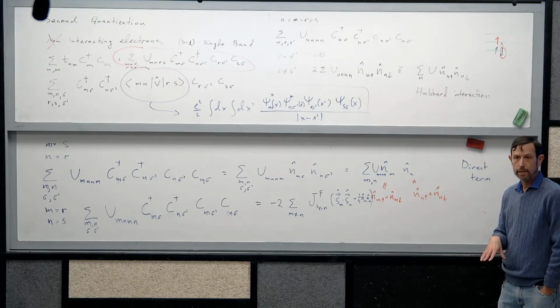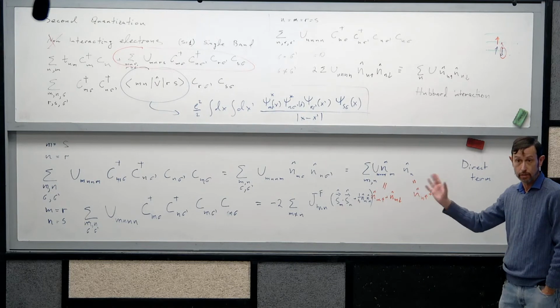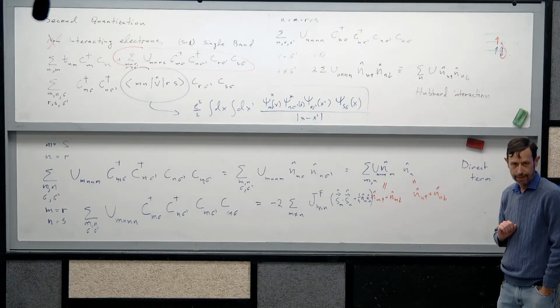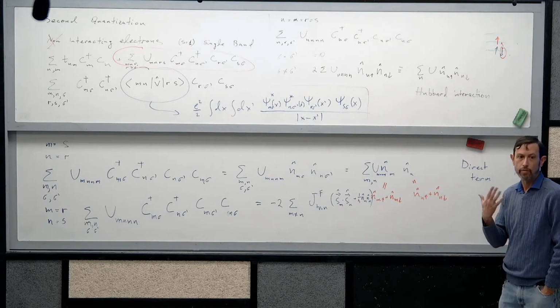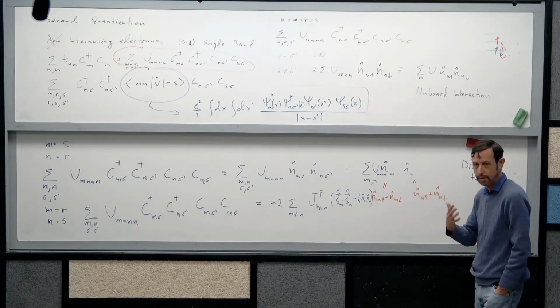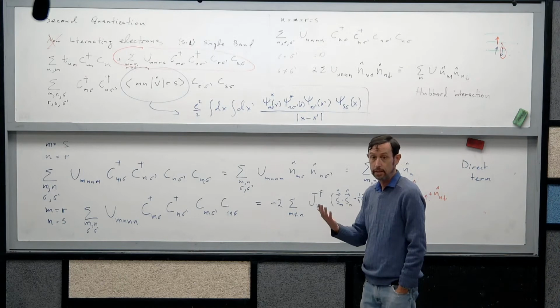So it's a mechanism that has nothing to do with the atoms, it has to do with the electrons. It's also known as itinerant ferromagnetism, ferromagnetism that comes out of the electrons.